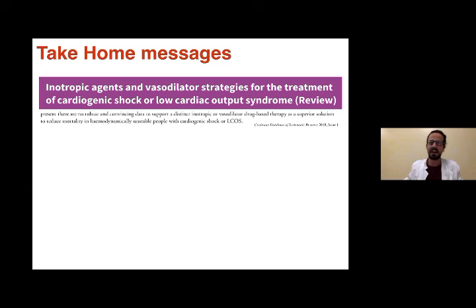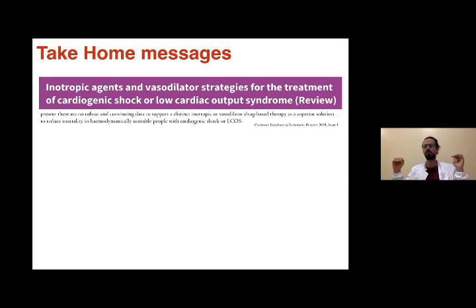This is also underlined by this very nicely done Cochrane review, looking at inotropic agents and vasodilator strategies for the treatment of cardiogenic shock or low cardiac output syndrome, also in the cardiac surgery setting. It underlines that there is no convincing and robust data to choose which is the best inotropic support for the patient.